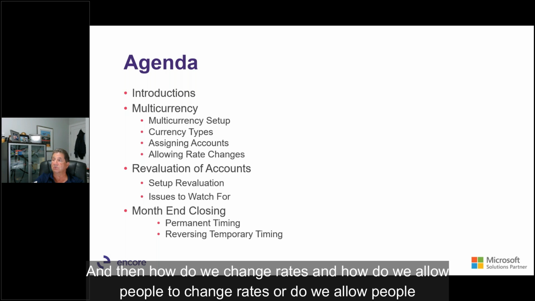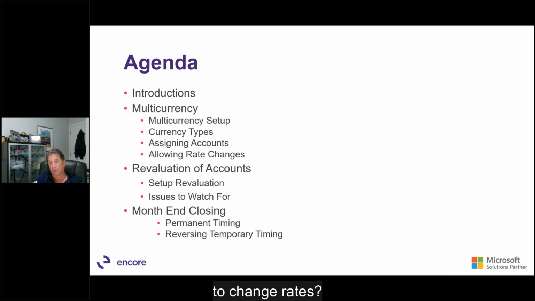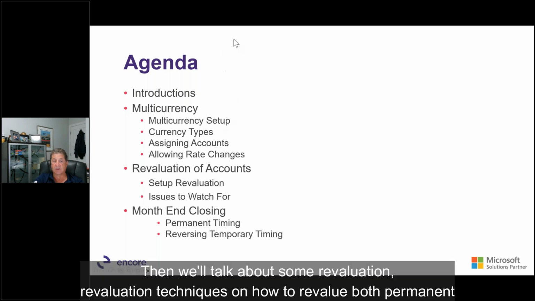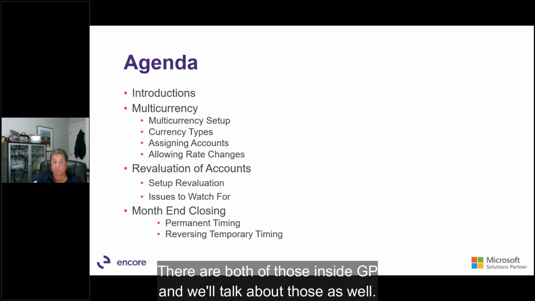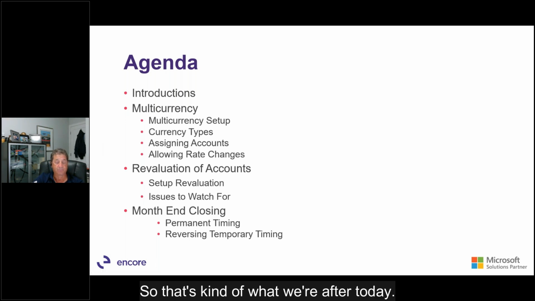And then how do we change rates, and how do we allow people to change rates, or do we allow people to change rates? Then we'll talk about some revaluation techniques on how to revalue both permanent and temporary timing differences. There are both of those inside GP, and we'll talk about those as well. So that's kind of what we're after today.